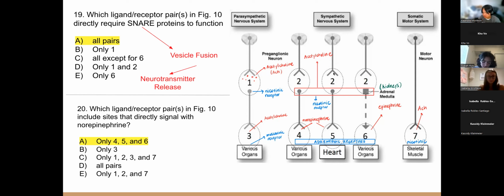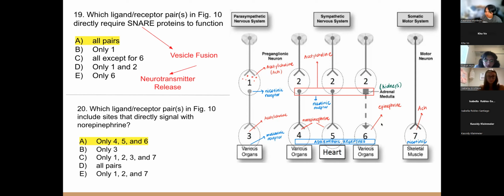That's the general rule of thumb. But right here, we're referencing this bottom half. So the sympathetic nervous system is going to initiate the fight or flight response by releasing norepinephrine, and norepinephrine binds directly to these adrenergic receptors.